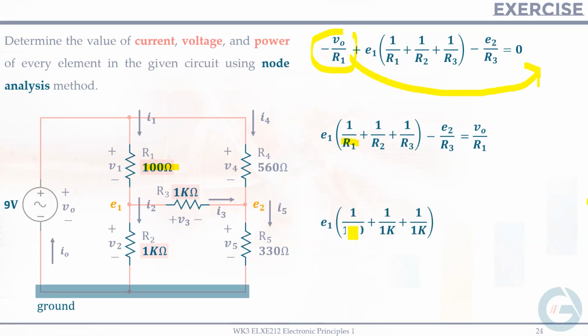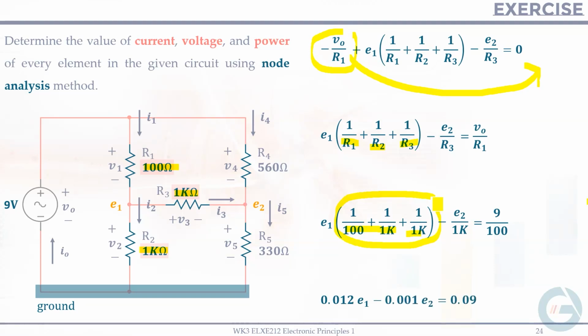R2 is this one, 1K, 1000. R3 is another 1K. So minus E2 over R3 which is 1K, equals, V0 is 9 volts, R1 is 100. And let's calculate this first. So this will give us 0.012 E1. So E2 over 1K is 0.001 E2 and equivalent to 9 over 100 is 0.09.